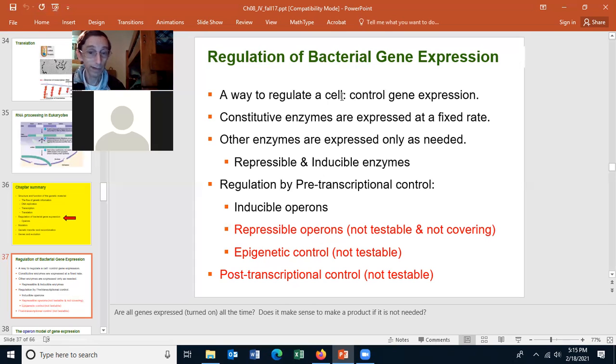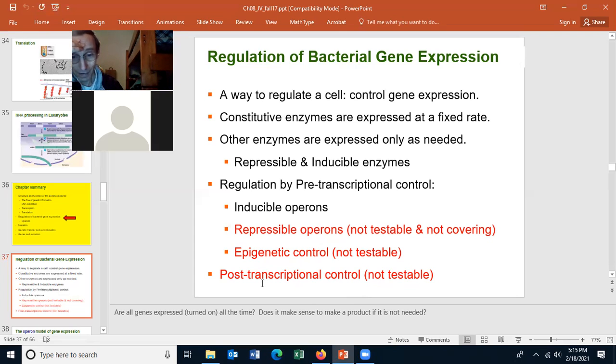And then there's post-transcriptional control, which we're not going to be tested on, and I'm not going to talk about it further, although, like I said, whenever you inactivate an enzyme, that is post-transcriptional control.